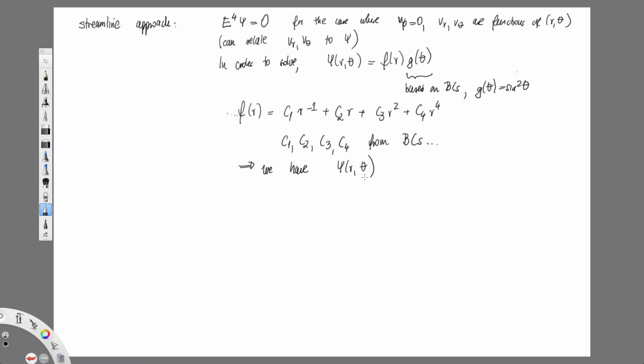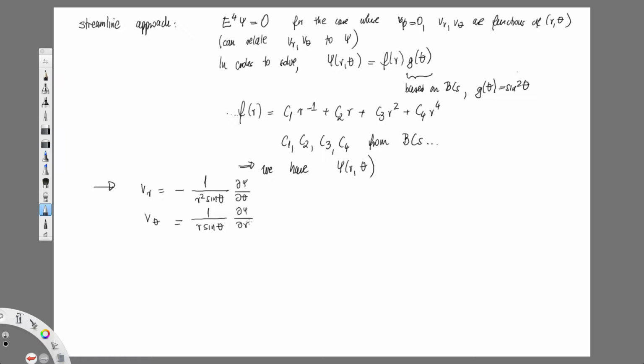I have formulas for that. V_r is minus 1 over r squared sine theta, partial psi, partial theta. V theta is 1 over r sine theta, partial psi, partial r.